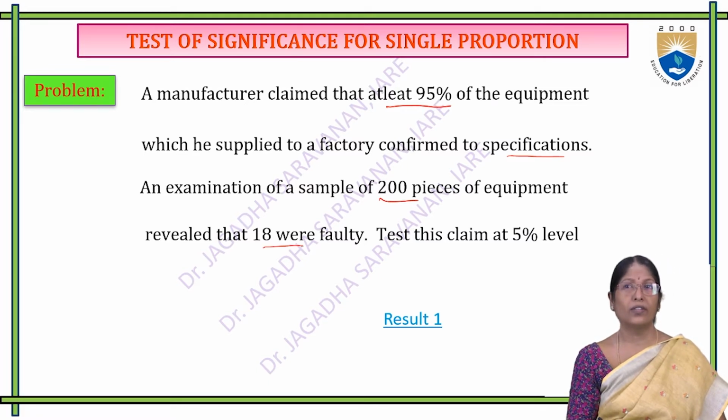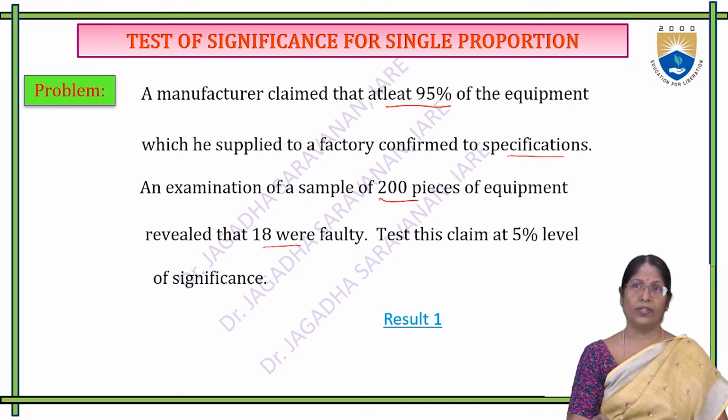This is the very important thing: 200 samples taken, in which 18 were faulty. Then how many are good, how many conform to the specification? 200 minus 18, so 182 are good. Test this claim at 5% level of significance.